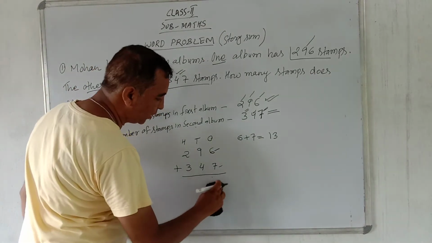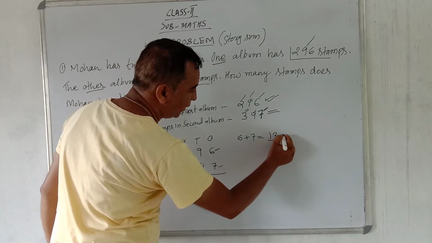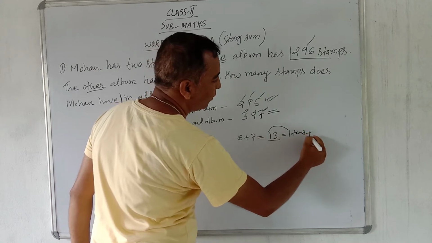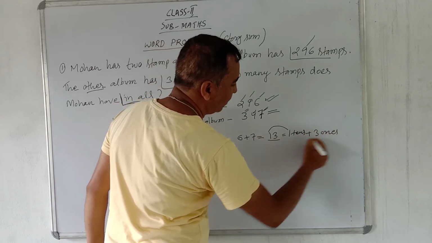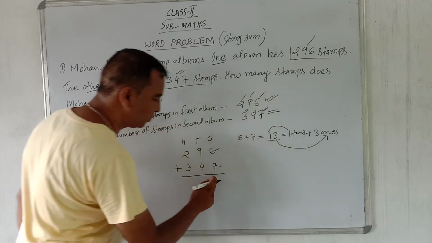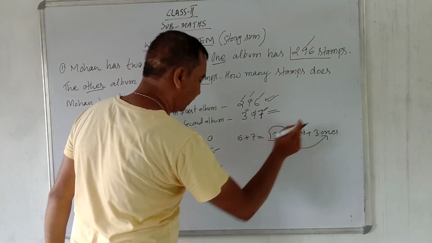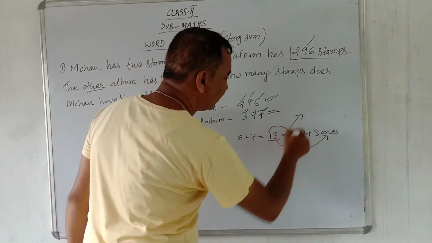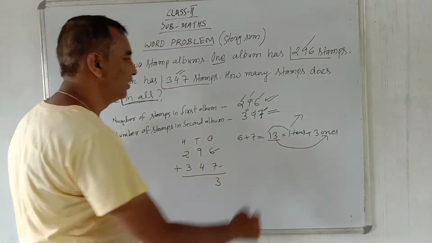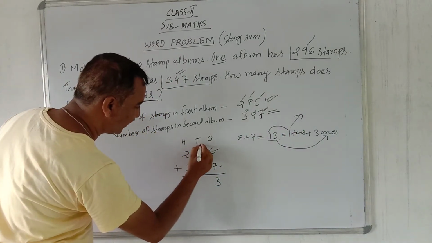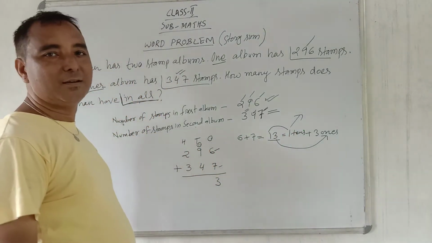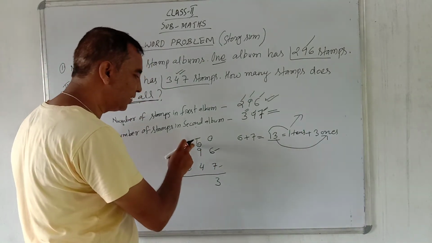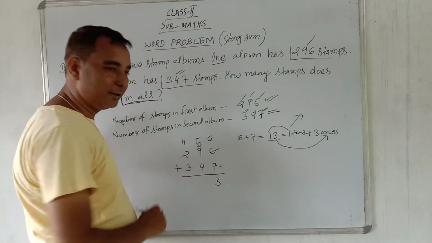Because in 13, there is 1 ten plus 3 ones. In the ones place I have to write only one value, that is 3. Now where should I take the 1? Into the tens place. We used to say carry over. So we carry this 1 ten into the tens place, just above the 9.